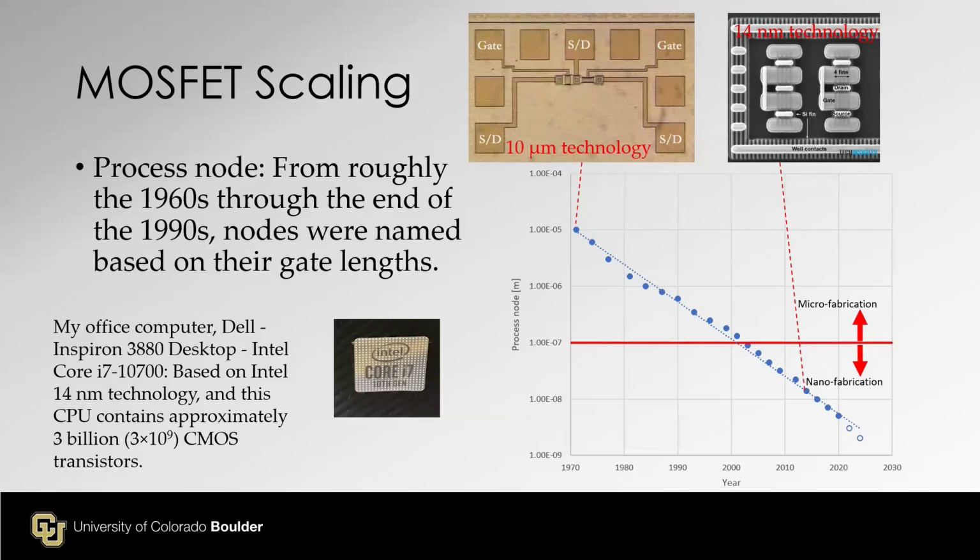Maybe 500 to 1,000 dollars together with everything, but we already have the 14 nanometer process node technology here. And it has 3 billion CMOS, complementary MOSFET, transistors.